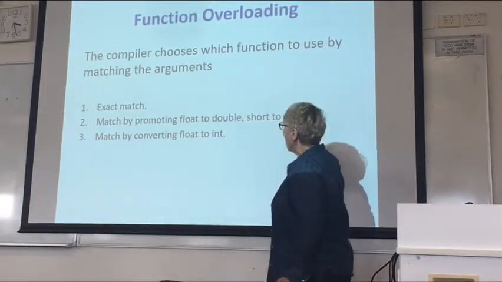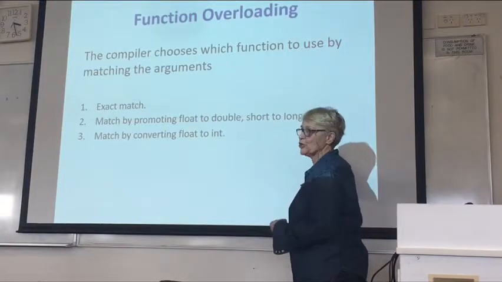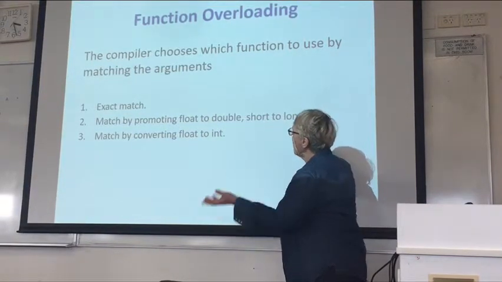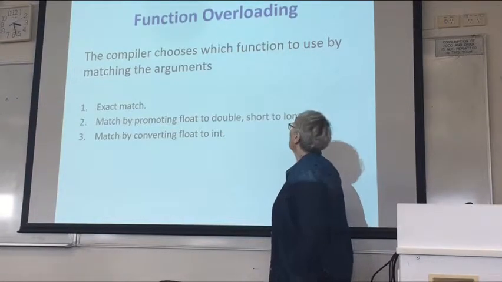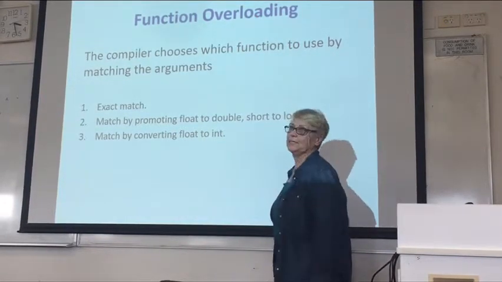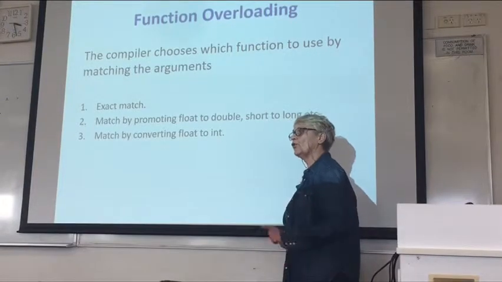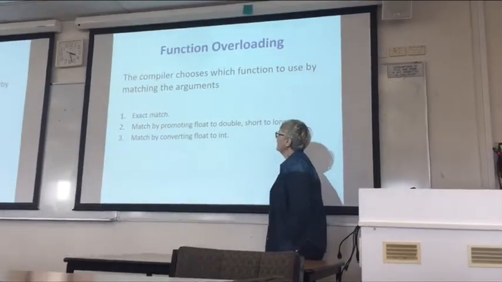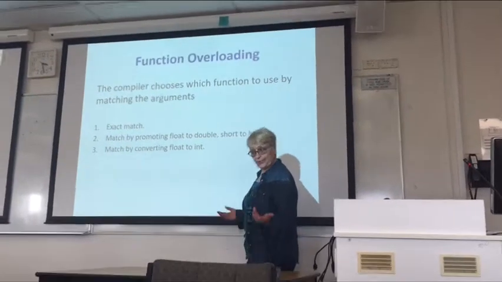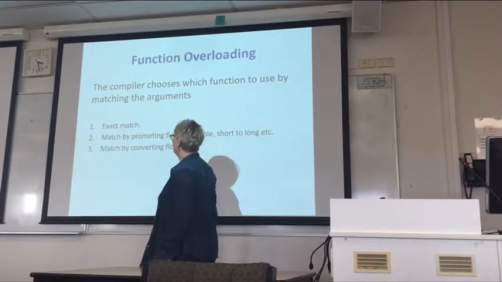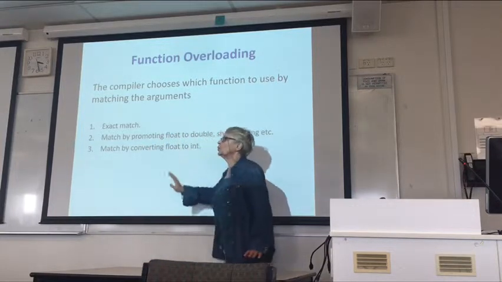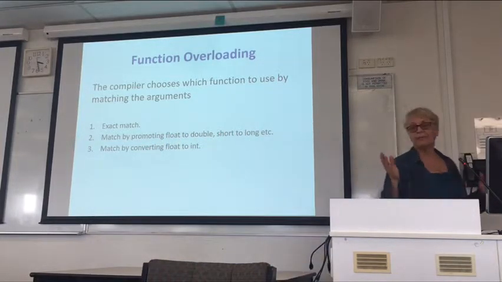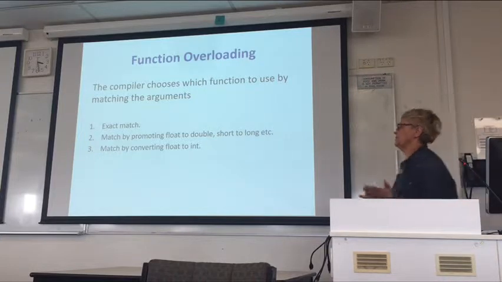Otherwise, if we don't have an exact match, it tries to promote float to double, short to long, and so on and so forth. Int to float, for example, or if this is not possible, converting float to something where you lose precision.